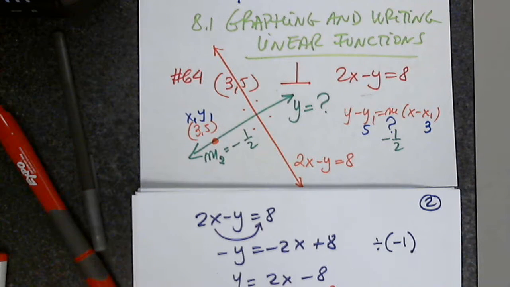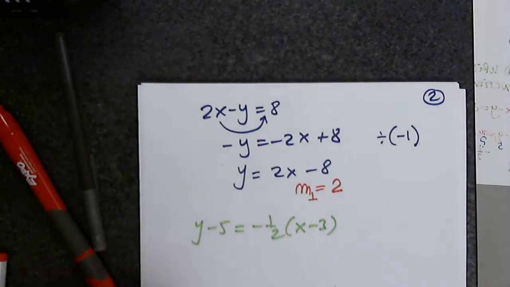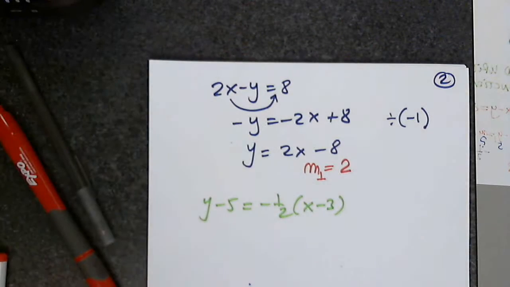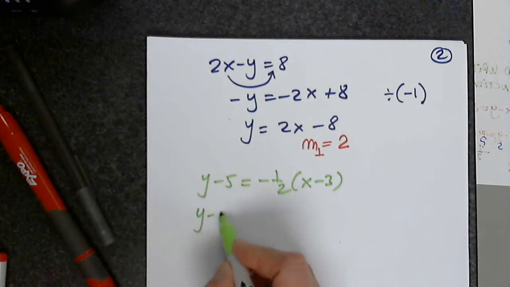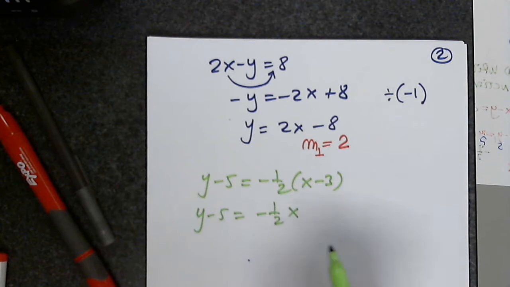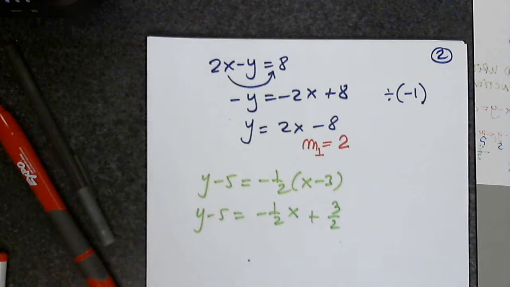Okay, so this is y minus 5 equals -1/2 times x minus 3. What now? You distribute. Yes, y minus 5 equals -1/2 x plus 3/2. Very good. 1/2 times 3/1. Very good.